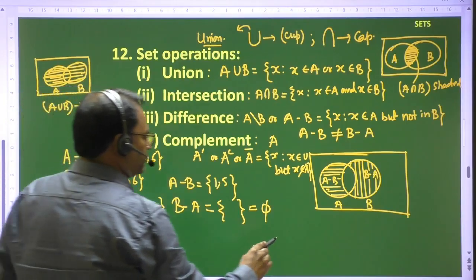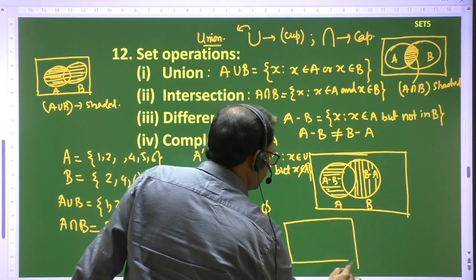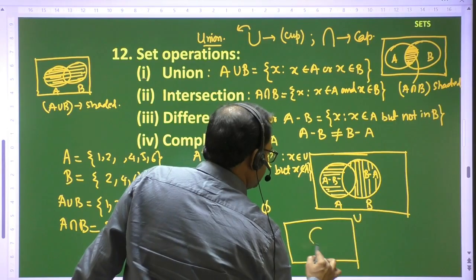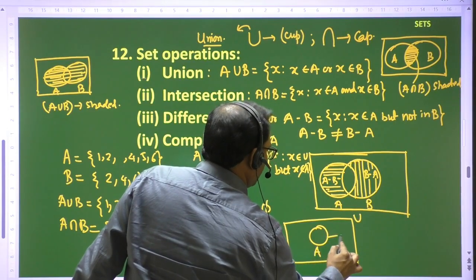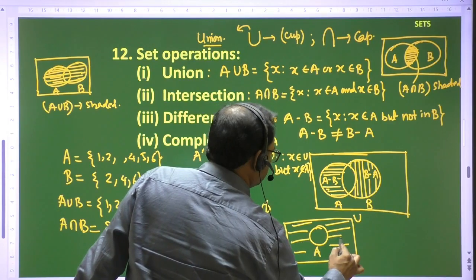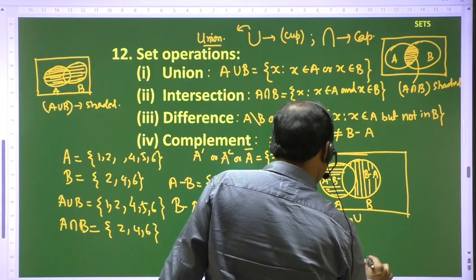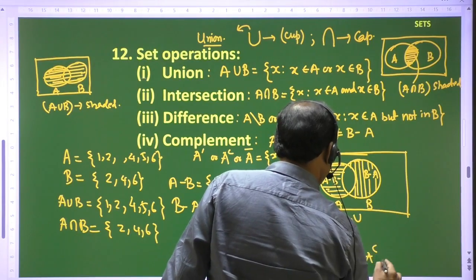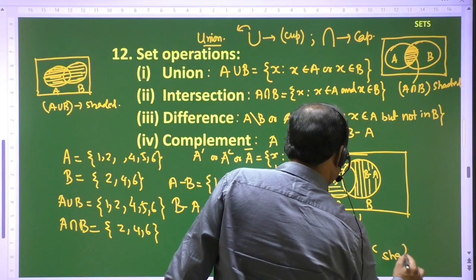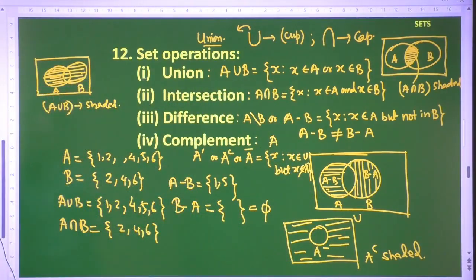If you have the universal set U and it contains your set A, then outside of this set, this shaded portion is called the complement. This is A complement, which is not an element of A, that means all the elements outside of A.